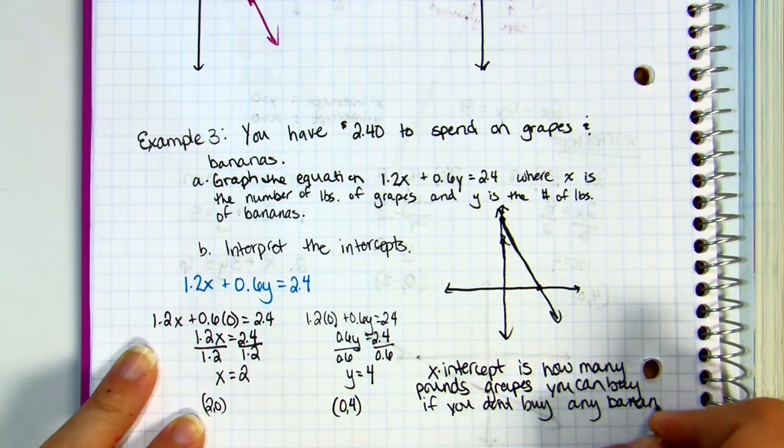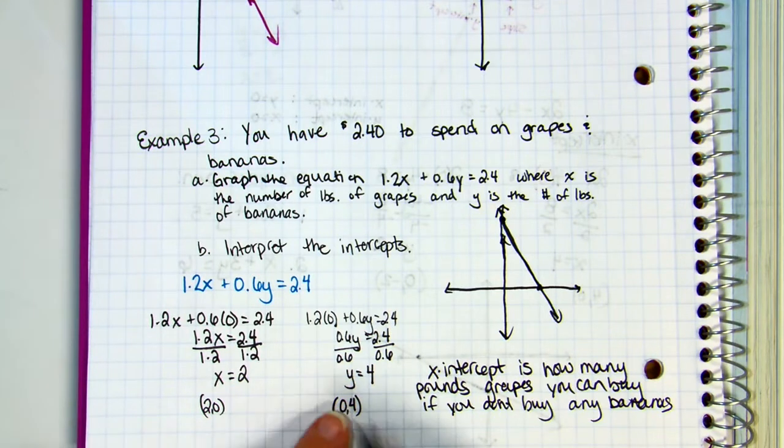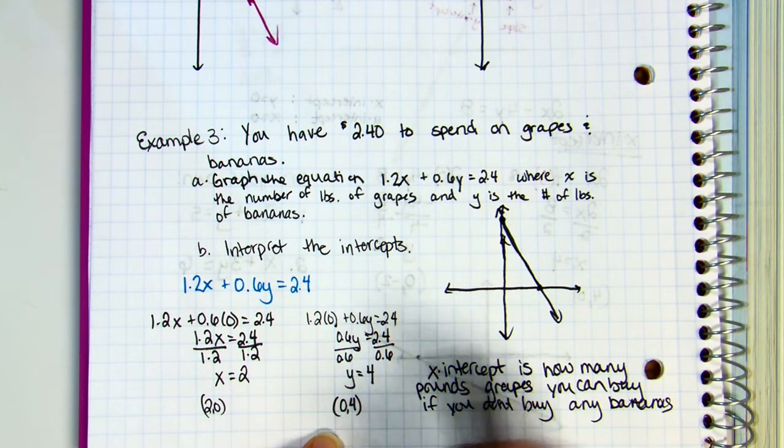And then this 0, 4 is saying if you don't buy any grapes, you can buy 4 pounds of bananas. So you just have to remember what the x and the y represent to put it in context.